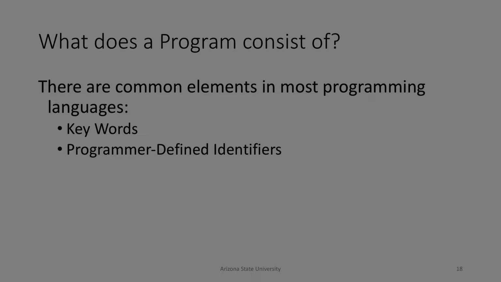Then we have some things that you're going to write called programmer-defined identifiers. Basically just variables that you write that are unique to your program, not to the language. So it's what you write. Then to compute something useful, you work with operators, based on the identifiers and the language itself, to mix all of these identifiers together.